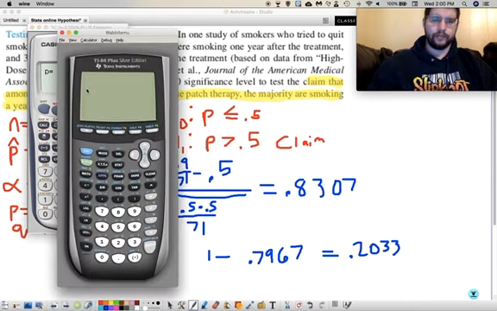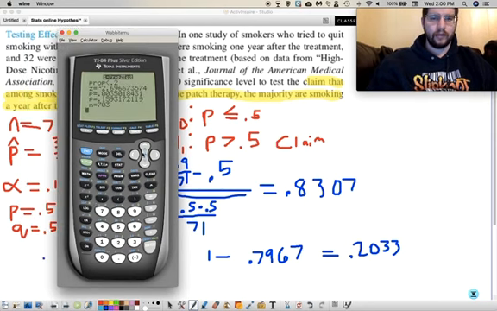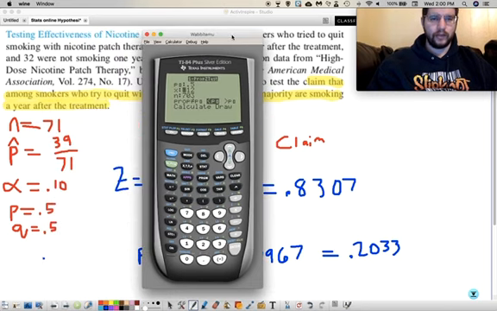Using the TI, oops, sorry, number 5. P was 0.5, X, that was 39, N was 71, and we got a right tail going on. And we get P is 0.2031 in this case.